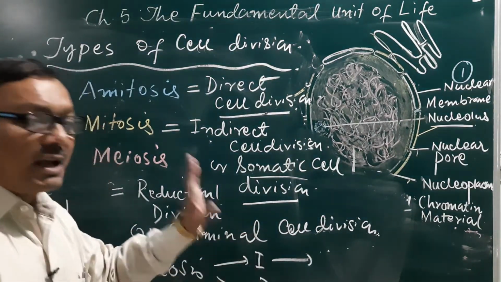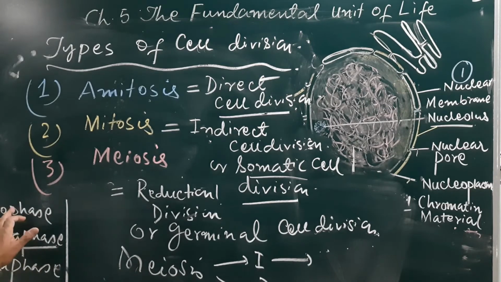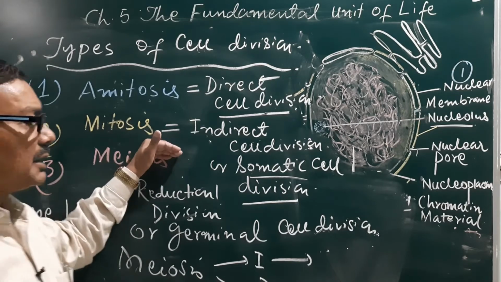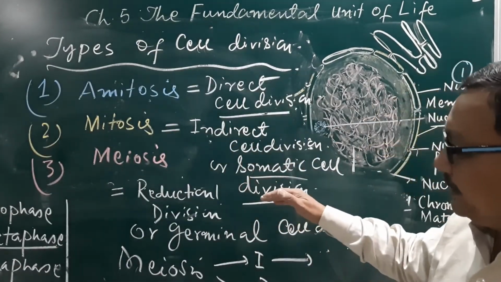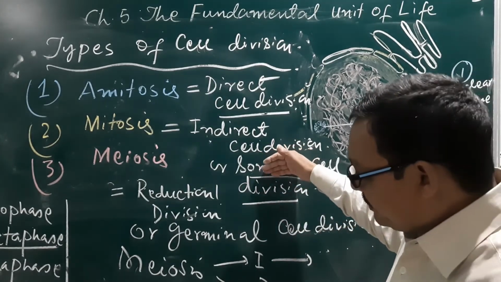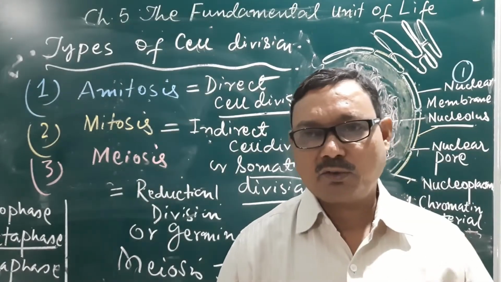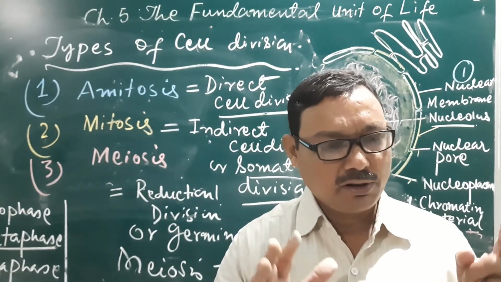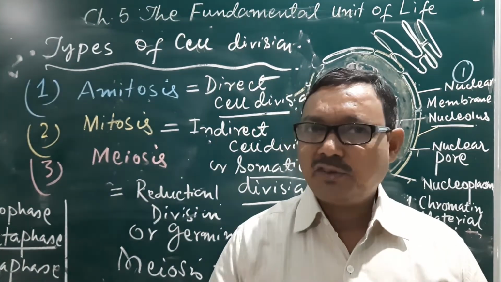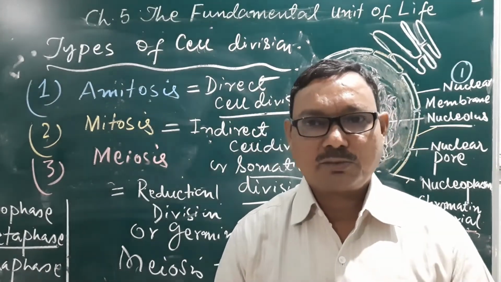Meiosis 2 is divisible into 4 stages: prophase 2, metaphase 2, anaphase 2, telophase 2. Altogether 4 daughter cells or 4 nuclei are formed, in which the number of chromosomes is reduced to half in comparison to that of the parent cell.